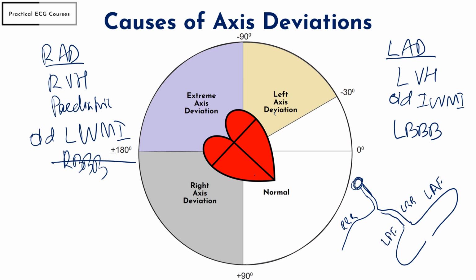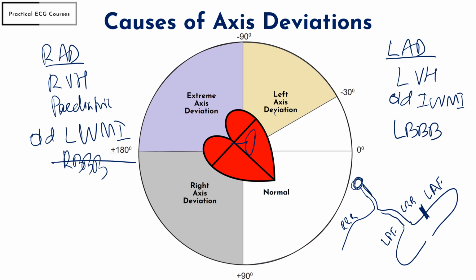So just imagine this is how it is. What happens when you have a left anterior fascicular block? If you have a block here, this is called LAHB or LAFB, left anterior fascicular block, or left anterior hemiblock.